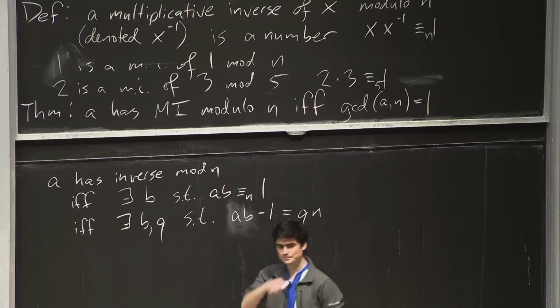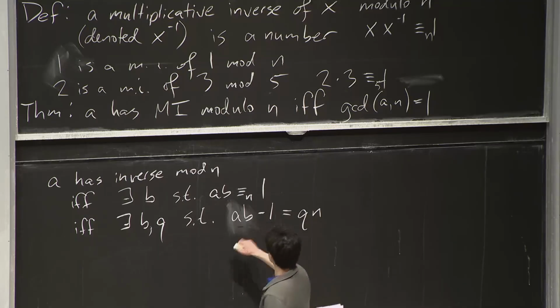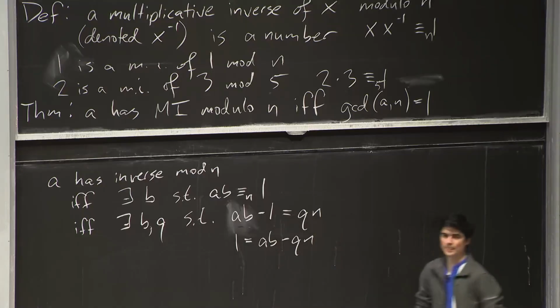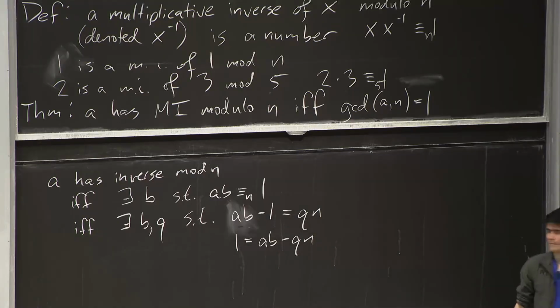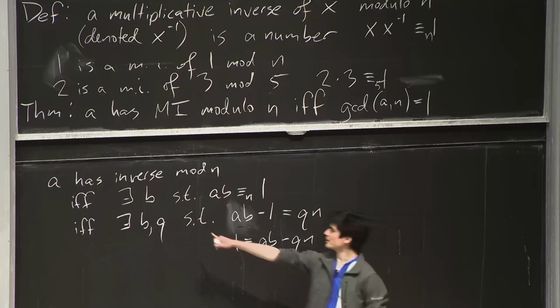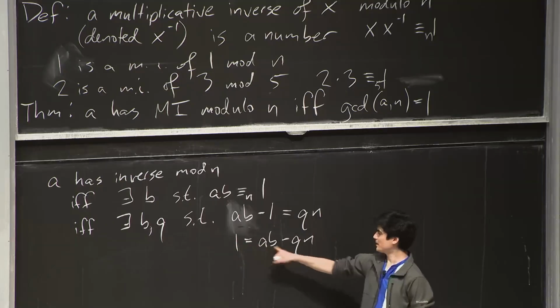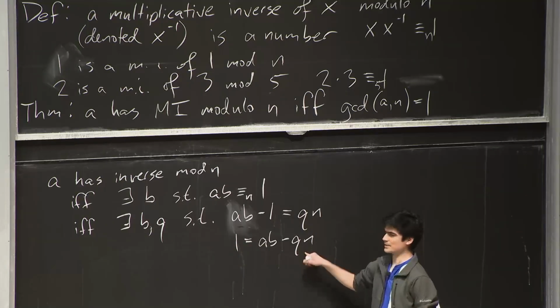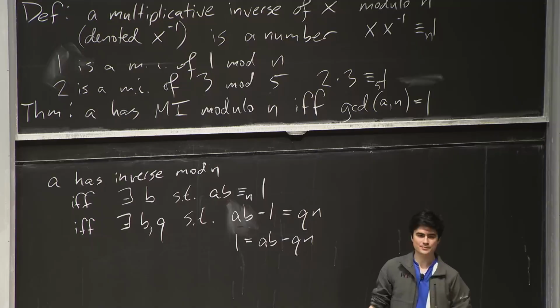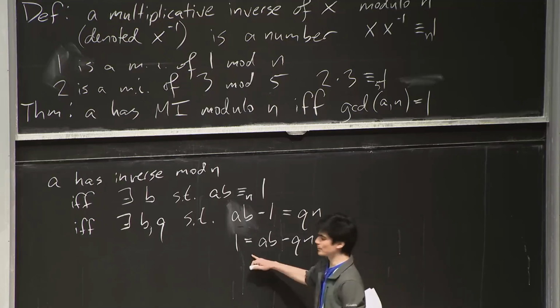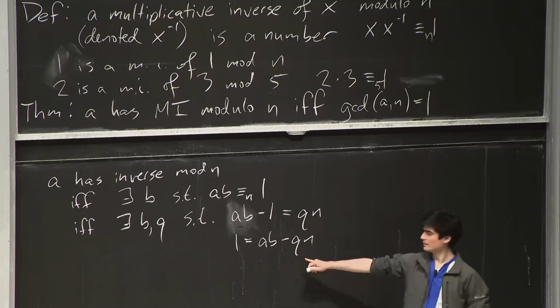Now we can rewrite this: 1 equals AB minus qn. So we're saying there exist B and q such that 1 equals AB plus or minus q times n. So this is just saying that 1 is an integer linear combination of A and n.